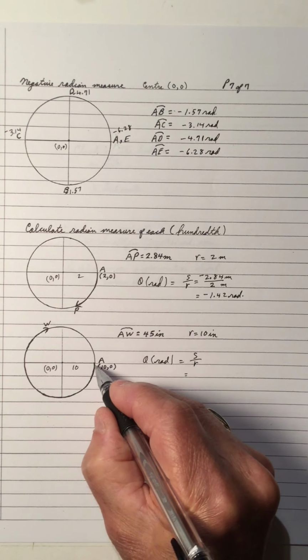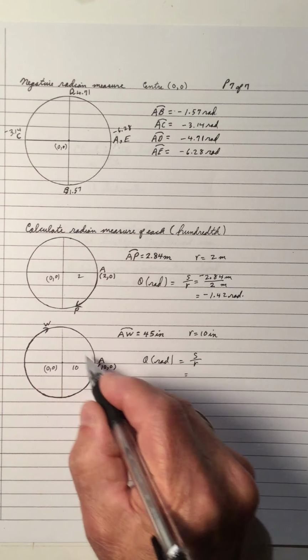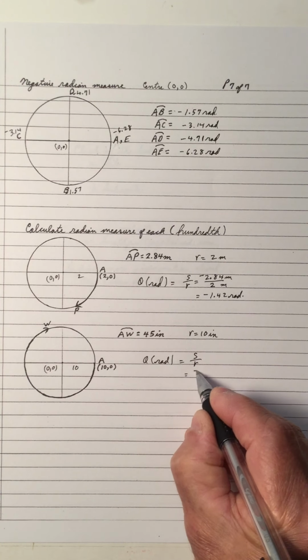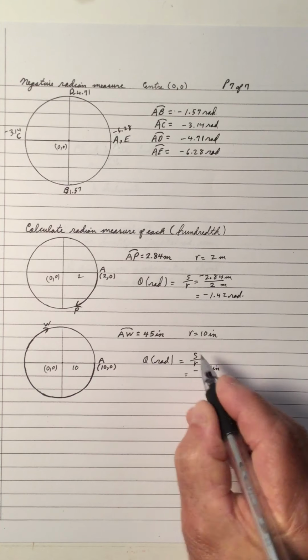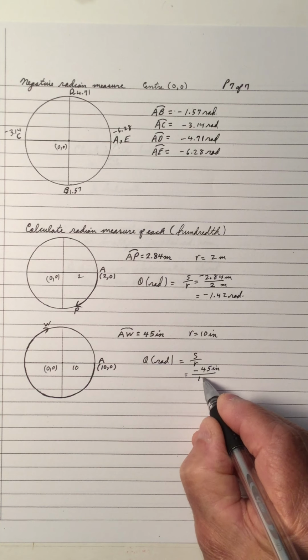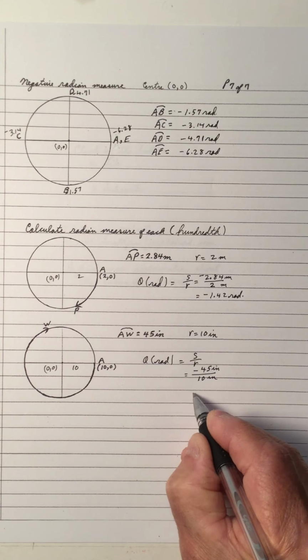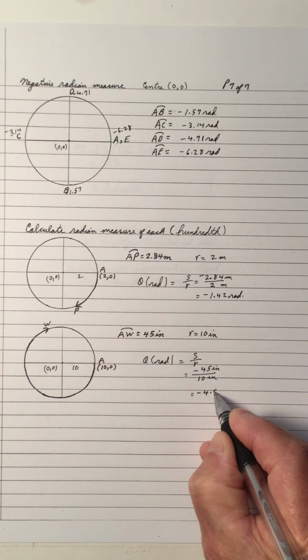So the arc length of AW, notice AW is going this far right here, and is negative, so it's negative 45 inches. And the radius of the circle is 10 inches. And to divide, you get negative 4.5.